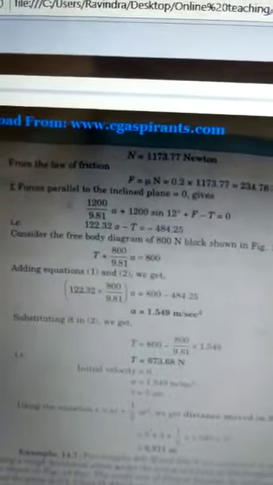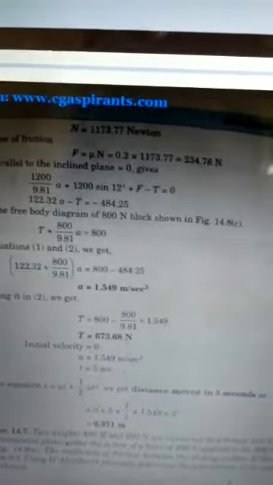Now, we will apply the equilibrium condition for the forces parallel to the plane. As I told you, three forces will be in the downward direction, and only the tension is in the upward direction. So they should be under dynamic equilibrium.